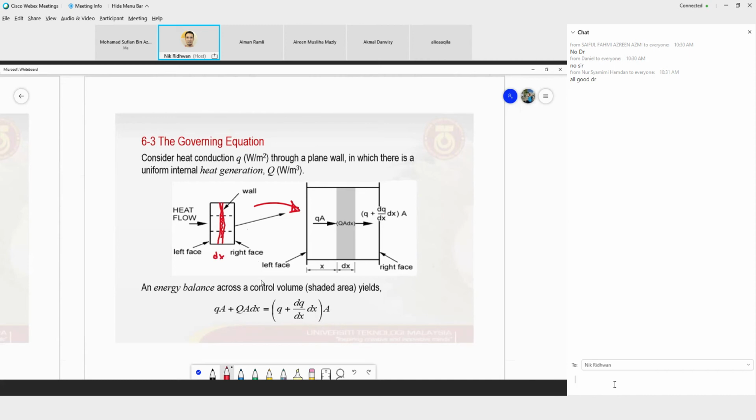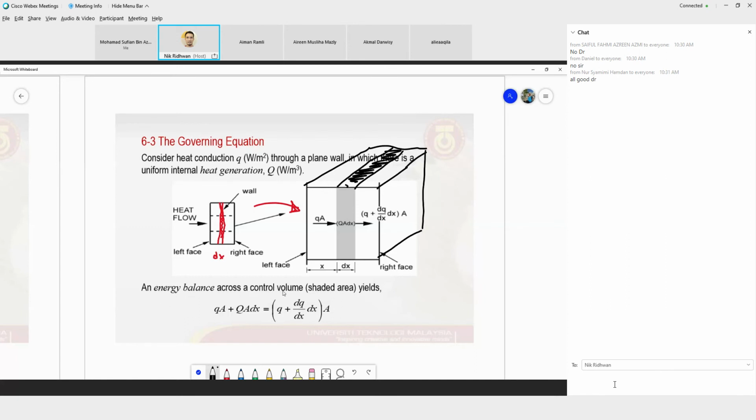It mentions an energy balance across a control volume. We can imagine we have a structure, a wall, which is in 3D, right? Everything must be in 3D. We can imagine it's something like this.